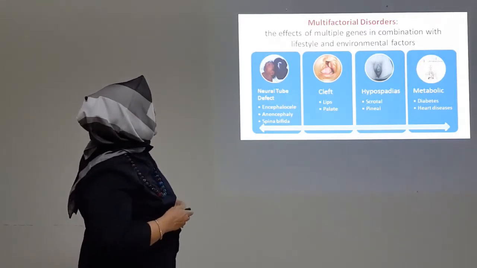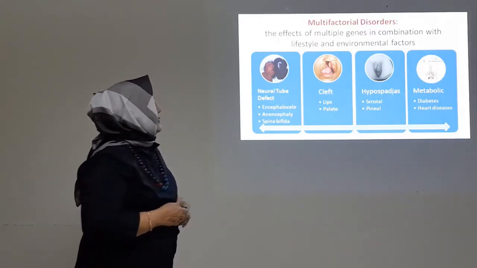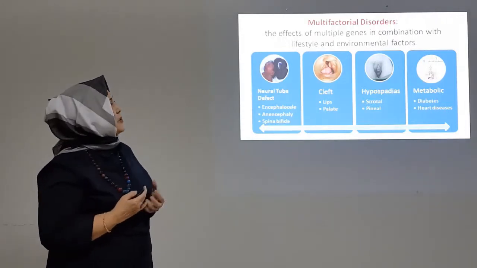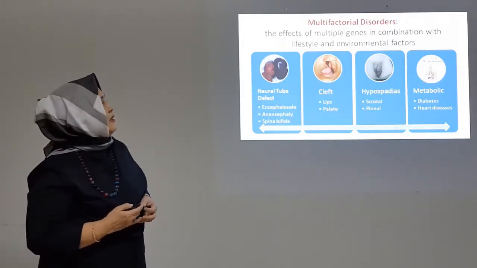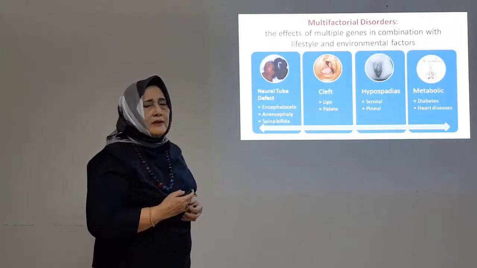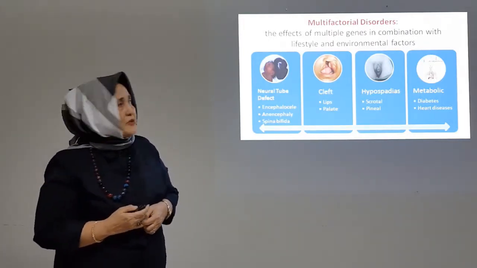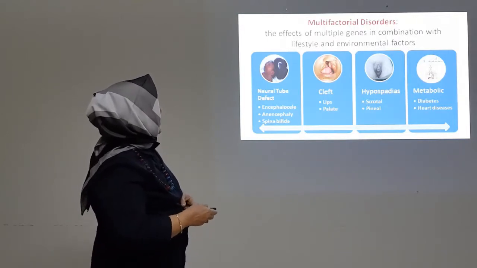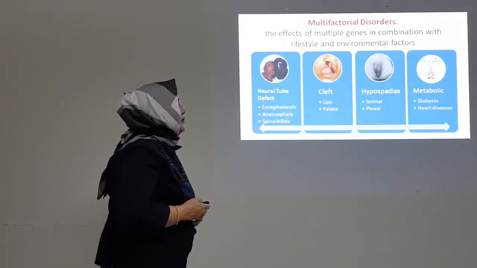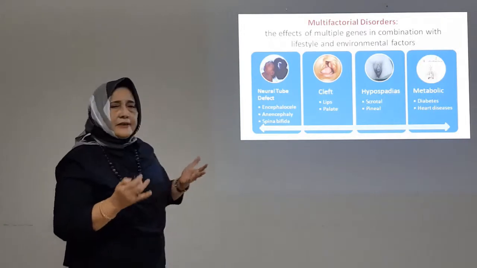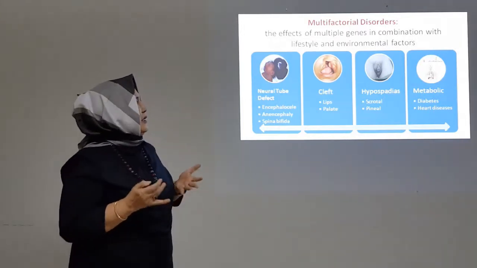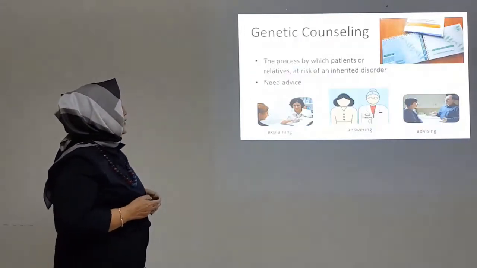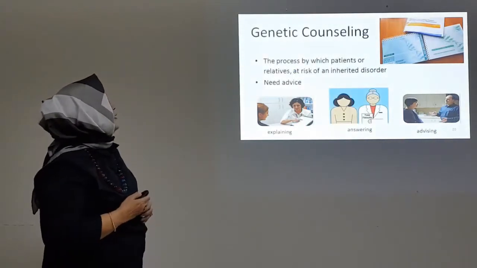And the next one is also hypospadias, a mix between possible gene mutation and maybe other agents like estrogen disruptors. And the next one is metabolic. I already mentioned, can be diabetes, can be heart disease, also still in debate between gene and environmental factors. Next one. Yeah. Next one.